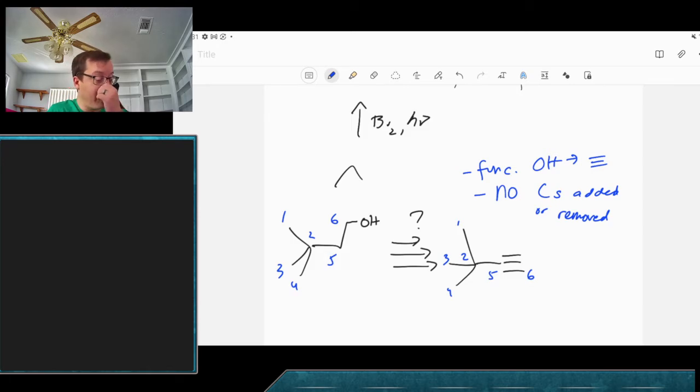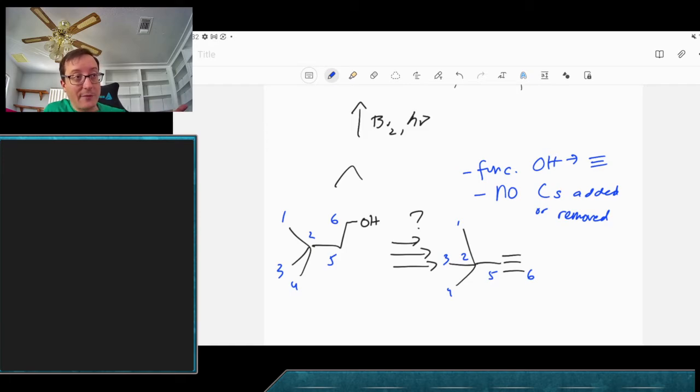That's always the first thing you want to do, is take a look at what's changed overall in terms of functional groups and then in terms of carbons. So we have no carbons changing in here. We've only got functional group changes. So we have to think, how the heck do we get from an alcohol to an alkyne? And we don't want to ever think about that in one step, because this is something that's going to take multiple steps.